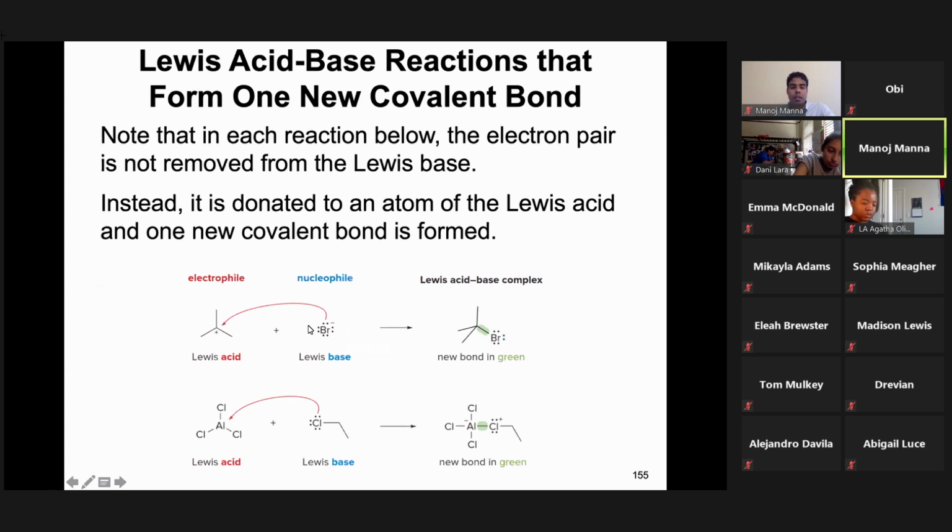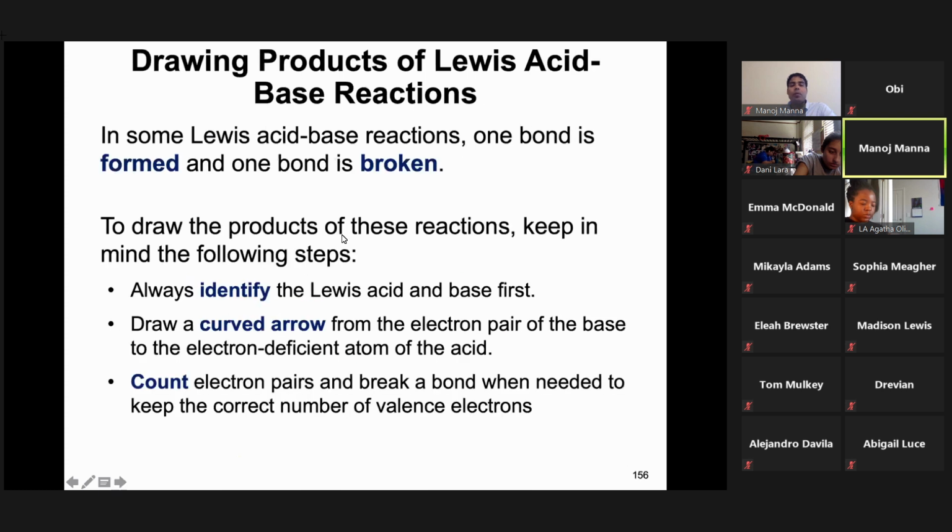Wherever the electrons come from, that particular site, we show the arrow starting there, right? So make sure that we follow that convention of drawing the curved arrow. It's not opposite. If you draw it the opposite way, that's wrong. If you draw the curve from a positively charged species to a negative one, that will be wrong. That's why we have to follow that convention of the curved arrow.